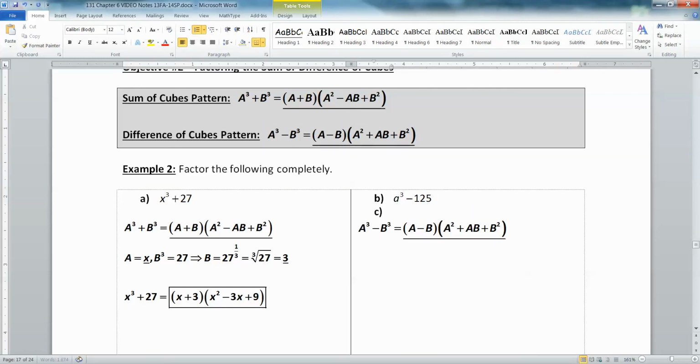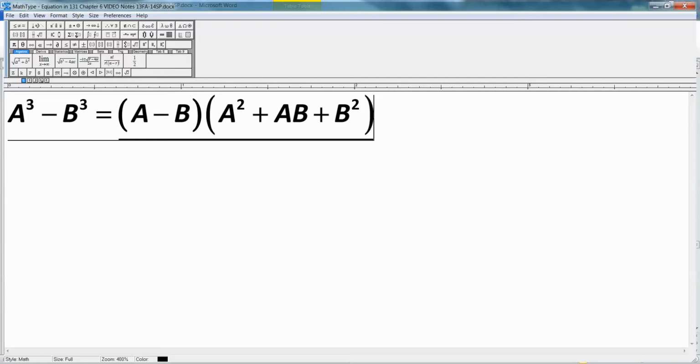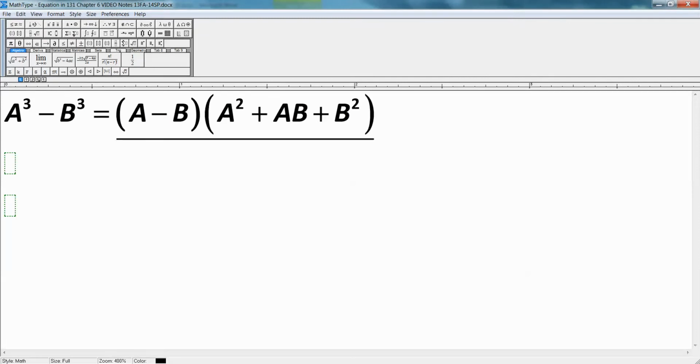Cool. All right, let's do it again. The next one's going to be a difference one. So it's a cubed minus 125. A is a. Capital A is equal to little a, that's kind of obvious. So not too hard on that one. And then b cubed is 125.